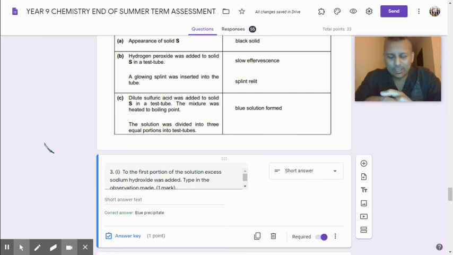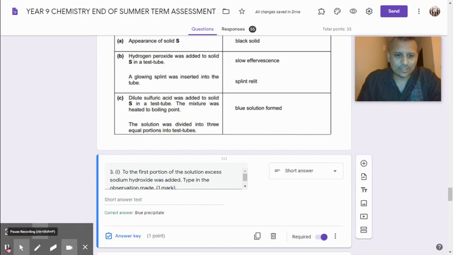So this is basically the preparation of pure copper sulfate crystals, and so the solution does have copper sulfate in. It's got copper ions in, and that's what triggers off the blue precipitate.